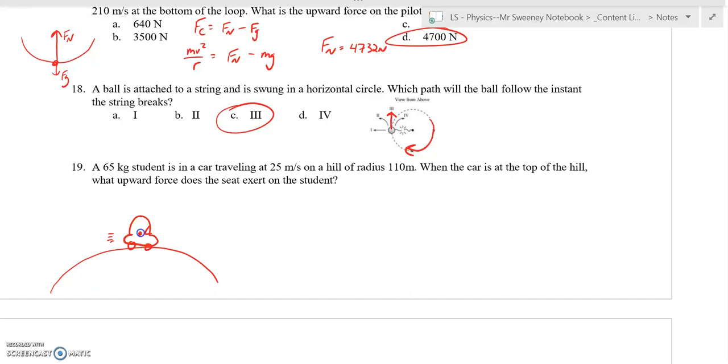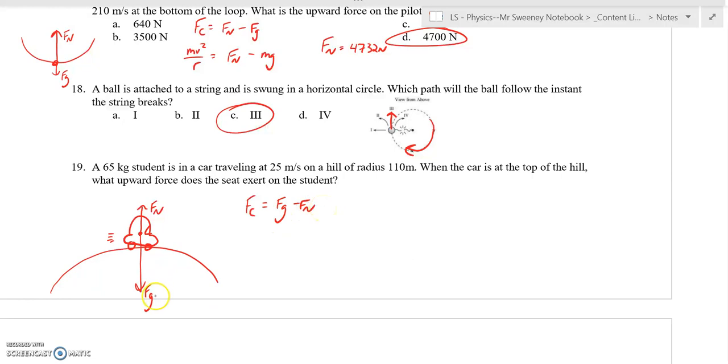The person inside of the car has a normal force pushing up on them and a force of gravity pulling them down. Now, why did I draw force of gravity greater than the force normal? Well, if they were equal or if the normal force was bigger, the student would either fly up out of the seat or the car would lift up off of the ground. Something weird would happen. So our centripetal force on the student is the force of gravity minus the normal force.